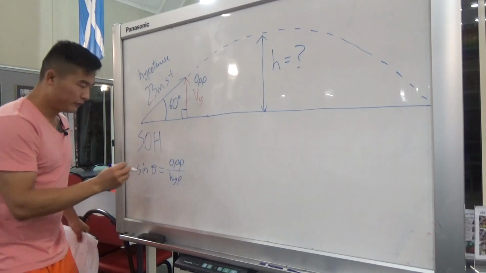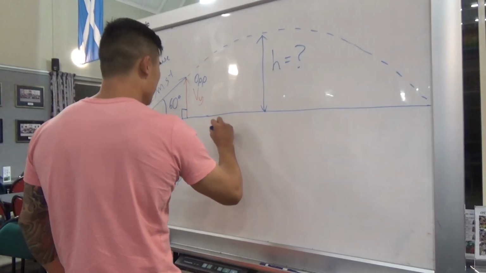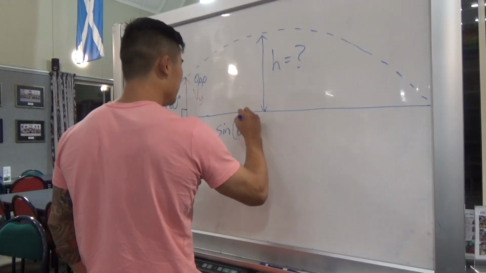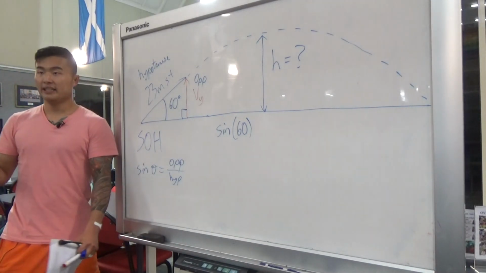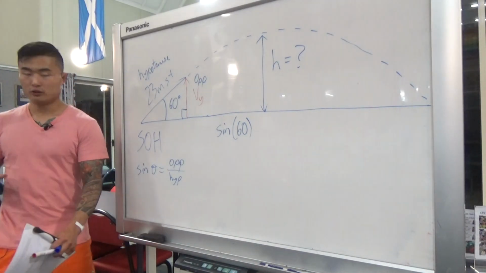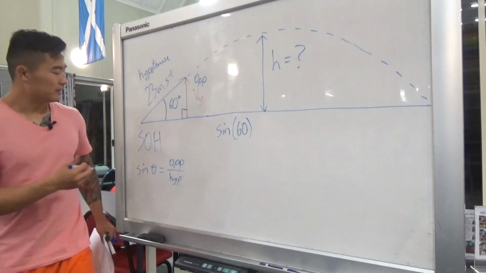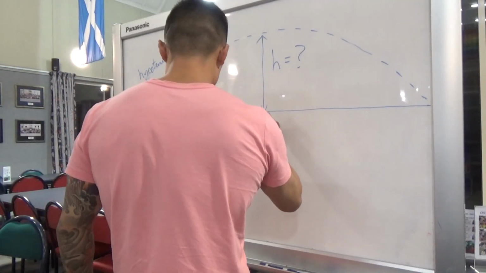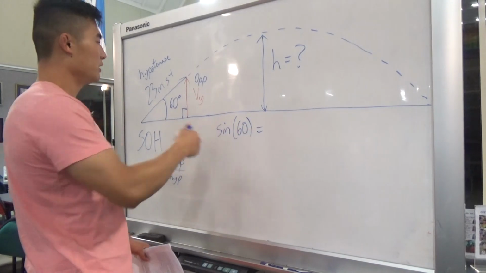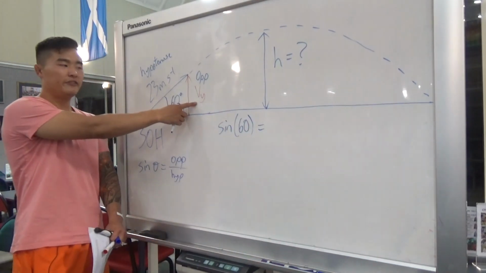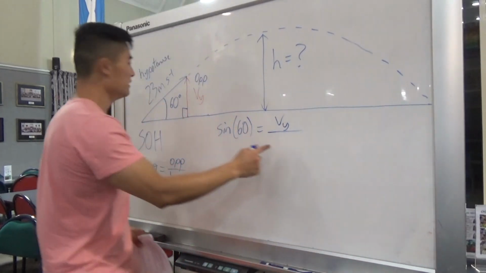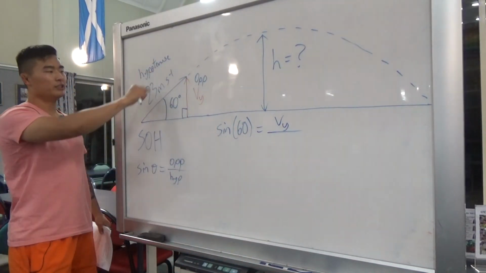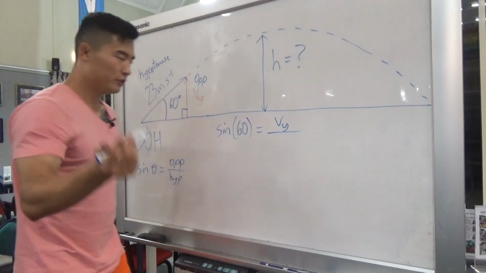And so if we write that again, the sine of 60, and remember that for Physics 191, your calculator should be in degrees. All your angles are going to be in degrees. So sine of 60 is equal to our opposite, which is Vy, over our hypotenuse, which is 23 meters per second, or just 23.